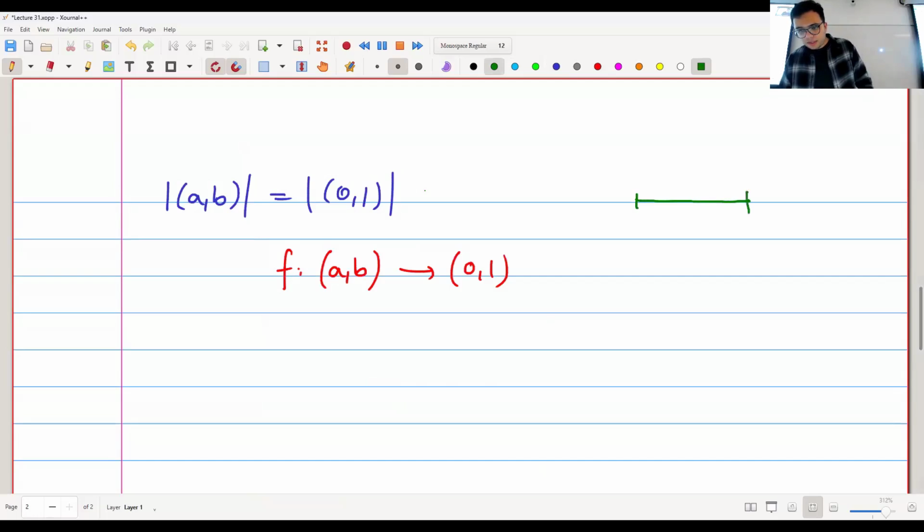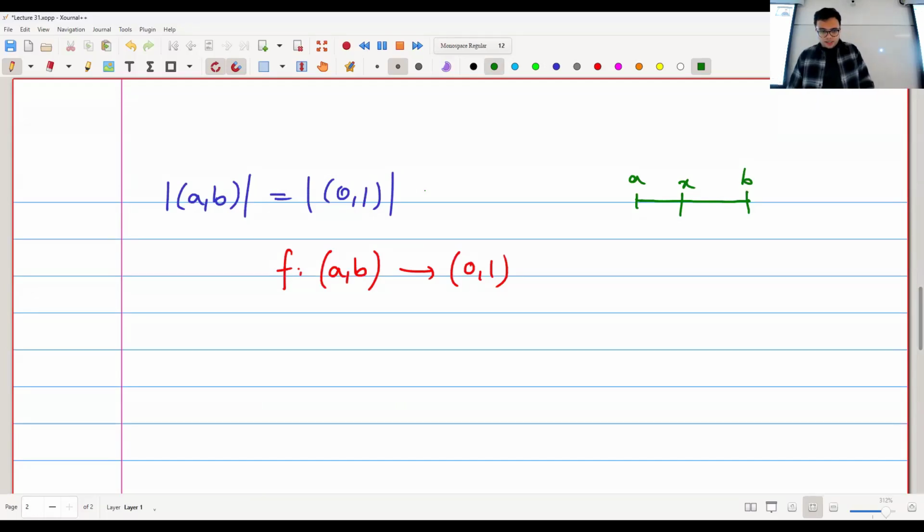Suppose that I have this segment from A to B, and let's say that I'm riding a car from A to B, and I'm at some point here, X. I just want to figure out what portion of this path I have already traversed, and then I'm going to map to that.